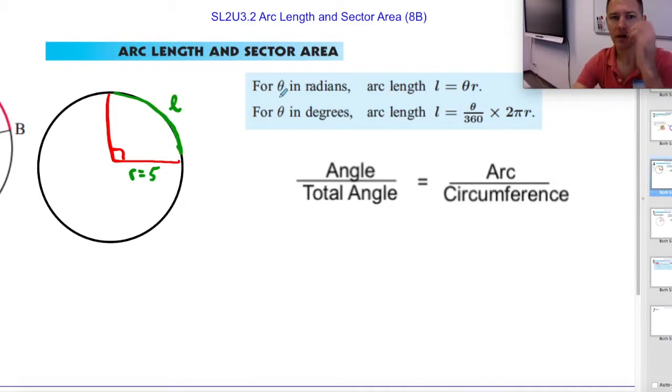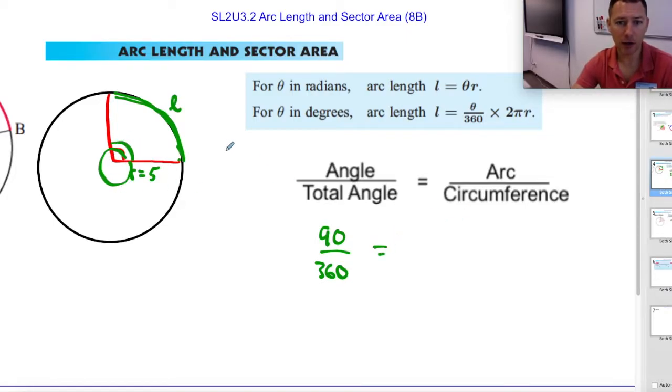The arc length. I know that the angle that we have is 90 out of the total angle, 360. That ratio, right? This is like we have a quarter of the total angle. We have 90 out of 360. So you should get a quarter of the crust, right?